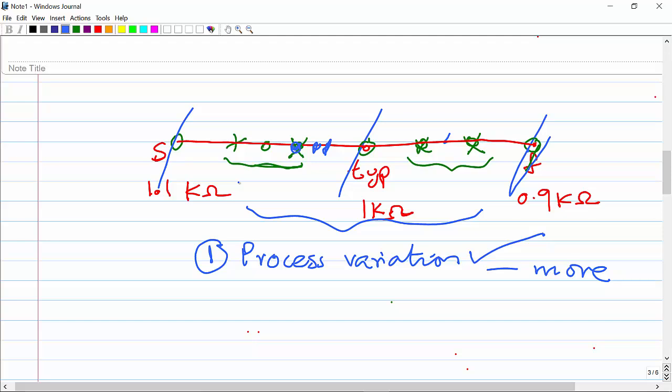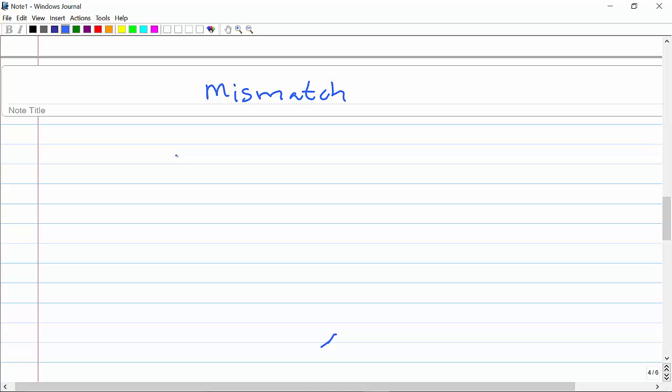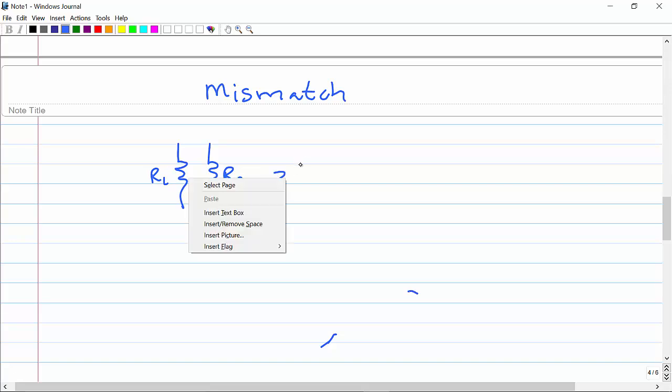The second option that Monte Carlo gives us is to simulate the mismatch. Now let us analyze what mismatch is. Suppose you have two resistors, R1 and R2, and they are identical.